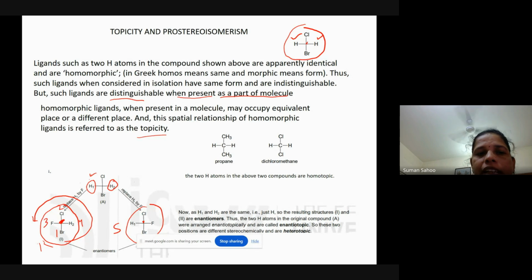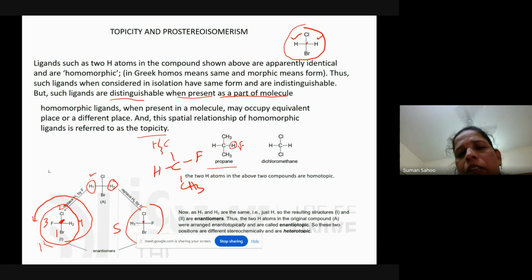Homomorphic ligands can now be classified into homotopic or heterotopic. In this case, whether you replace this hydrogen with fluorine, giving CH3, C, CH3, F, H, or replace the hydrogen on this side, it gives the same compound, because that is not a chiral compound.